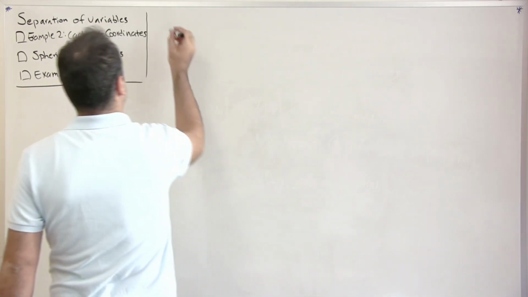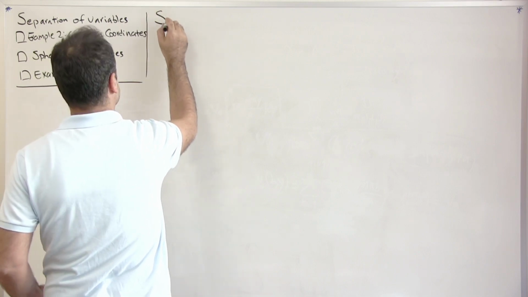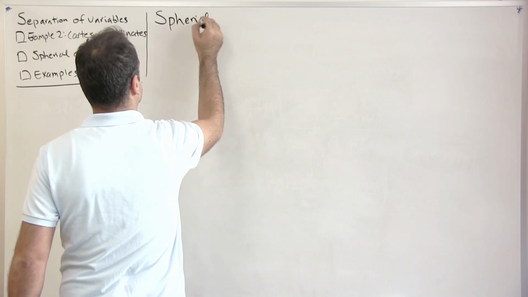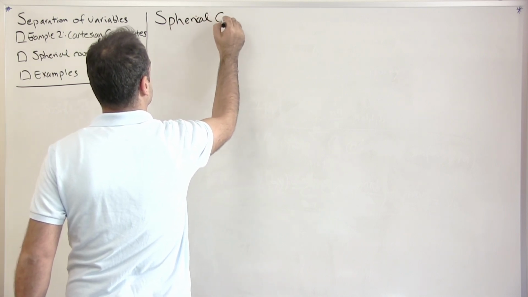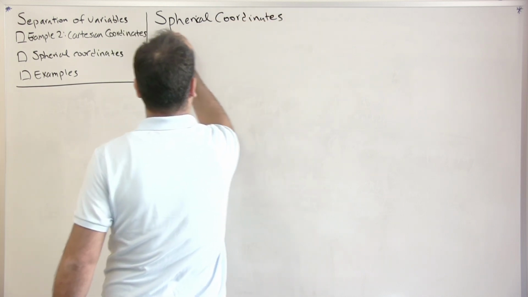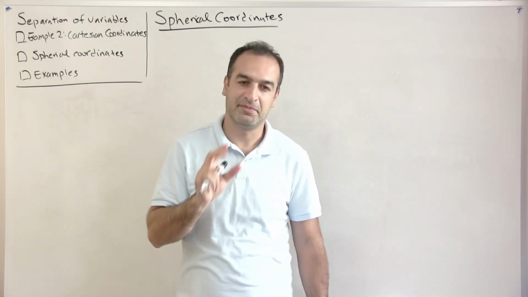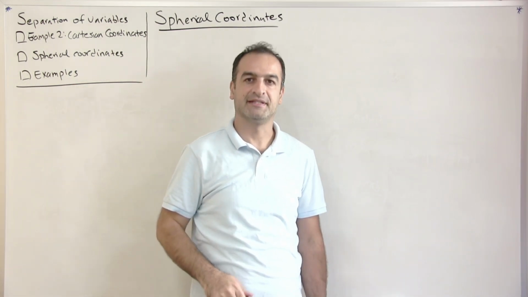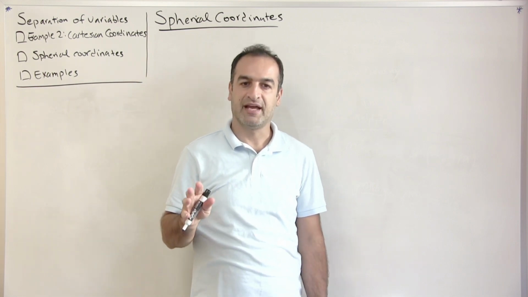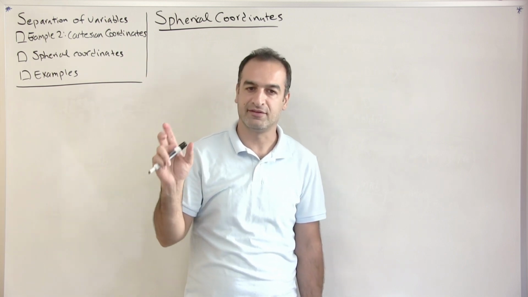All right, so now we're going to look at spherical coordinates. What I want to do here is look at Laplace's equation in spherical coordinates, and only cases that have azimuthal symmetry, so that we don't have any dependence on phi.